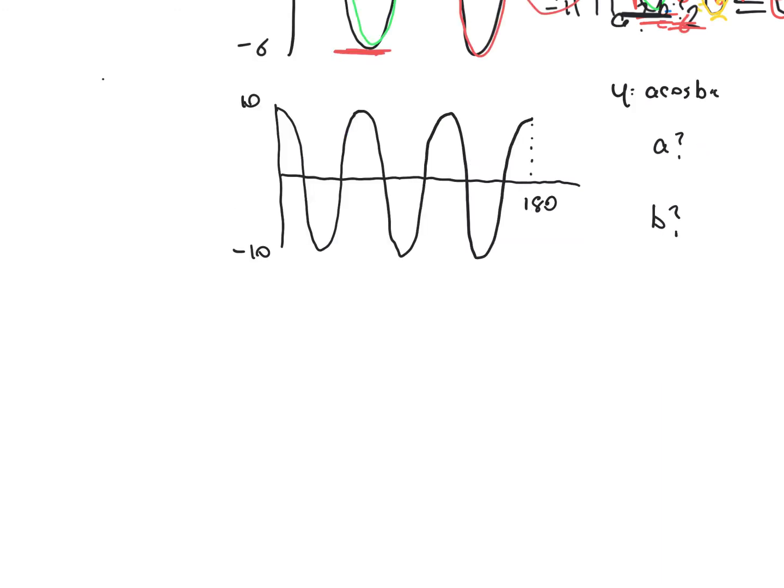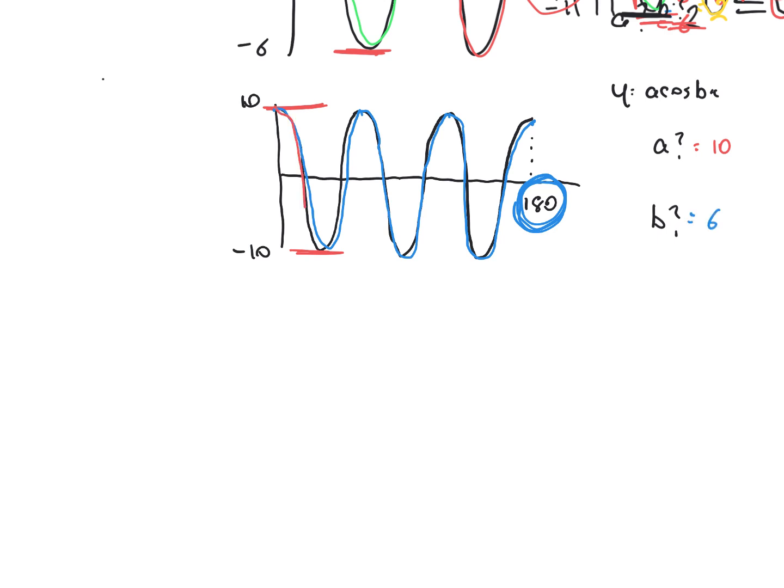Okay, next one. A is the amplitude, that's half the total vertical height. Curve goes up to 10 down to minus 10, that's 20, half that to get 10. Let's count the cycles. 1, 2, 3. 3 cycles in 180, so that must be 6 cycles in 360.